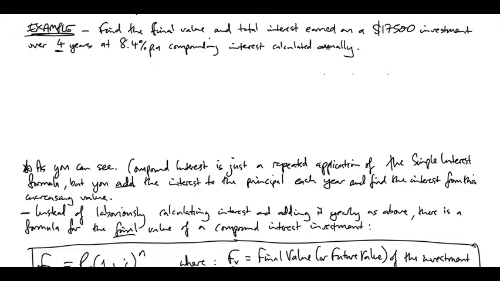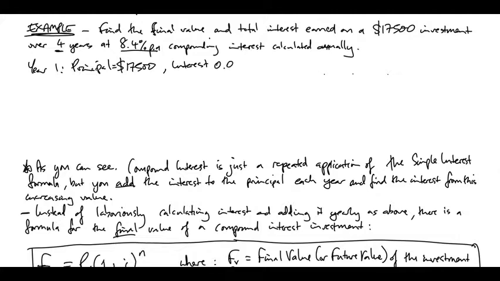So in year 1, the principal, what you start off with, is going to be $17,500. The interest is going to be, it says 8.4% per annum, so it's going to be 8.4% of the principal for this year.